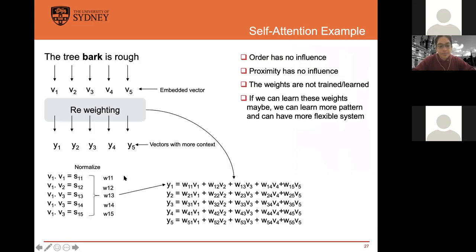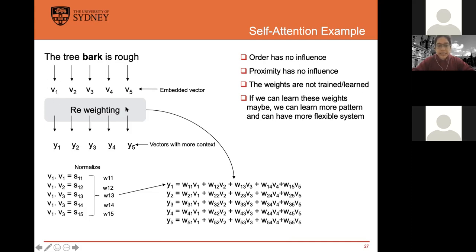So again, I'll discuss this self-attention with an example. For example, consider this sequence of words: the tree bark is rough. You do your input embedding, where we represent each word as a vector.